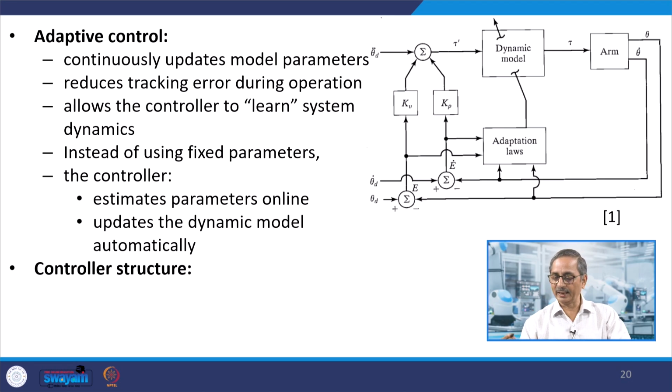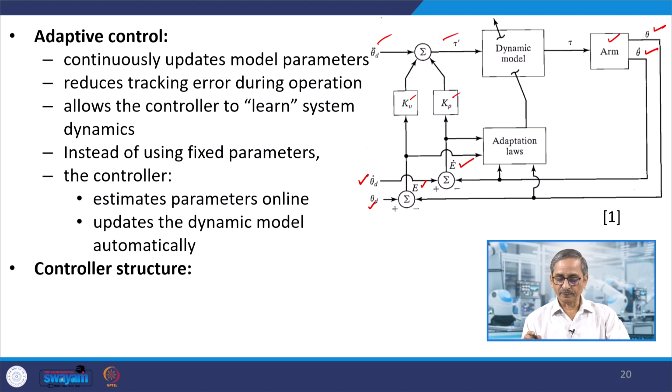Here basically you have the arm, you get theta and theta dot from the arm, you have the desired value of theta, and you have the desired value of theta derivative. So, here you get the error in the joint velocities, and here you have the error in the position. Now, in the servo part, we have the same thing, that is Kv, Kp being used over here, and theta d double dot coming from here, tau dash is here.